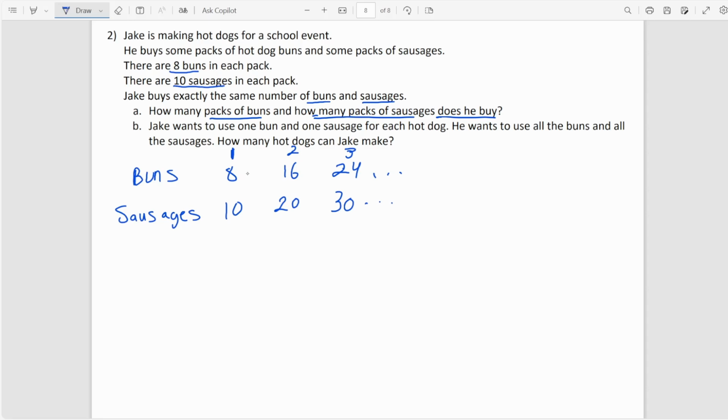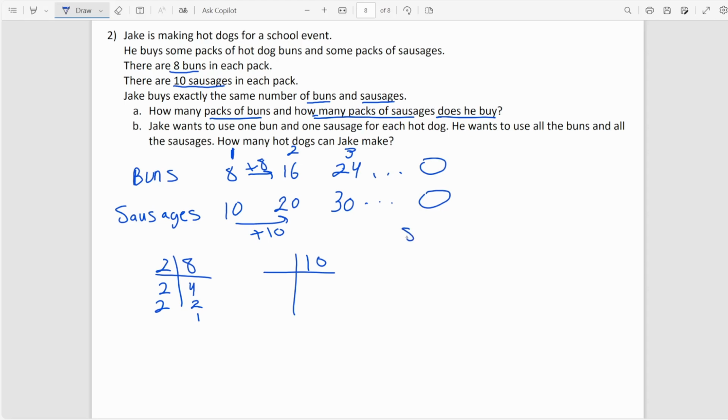So as you can see here, every time we add 8, so these are multiples of 8, and over here we add 10s, these are multiples of 10. So we're looking for the lowest common multiple between the 8 and the 10, a number that will be the exact same. So I'm going to go ahead and prime factorize the 8. So 8 is equal to 2 to the power 3.